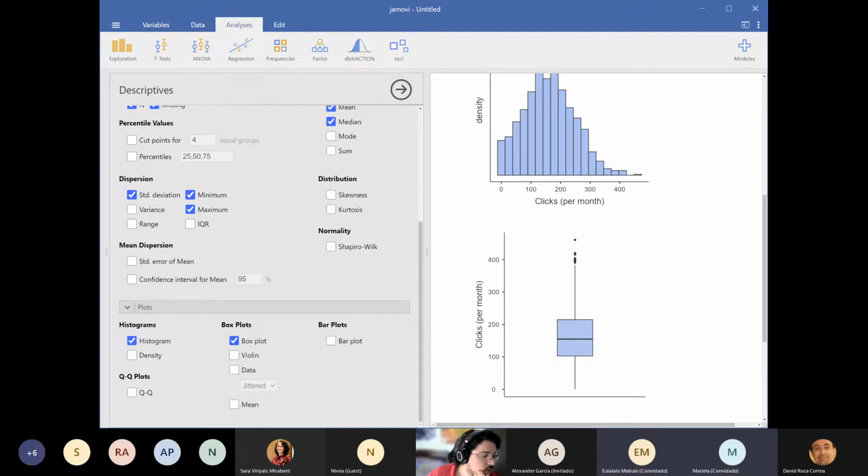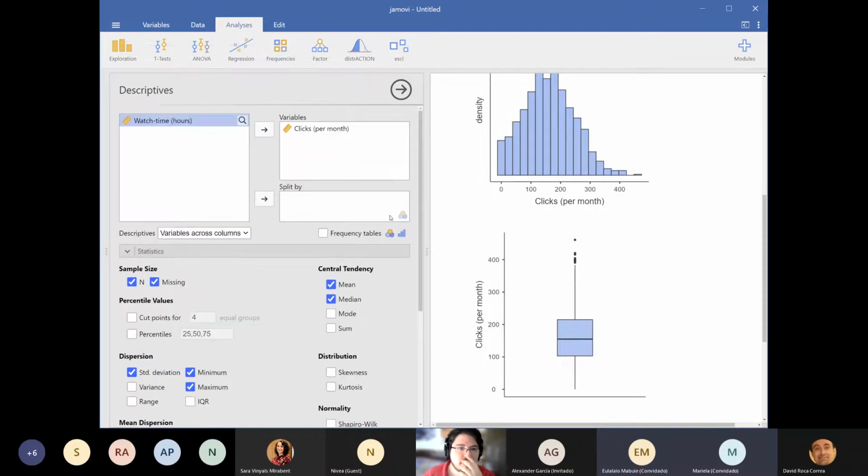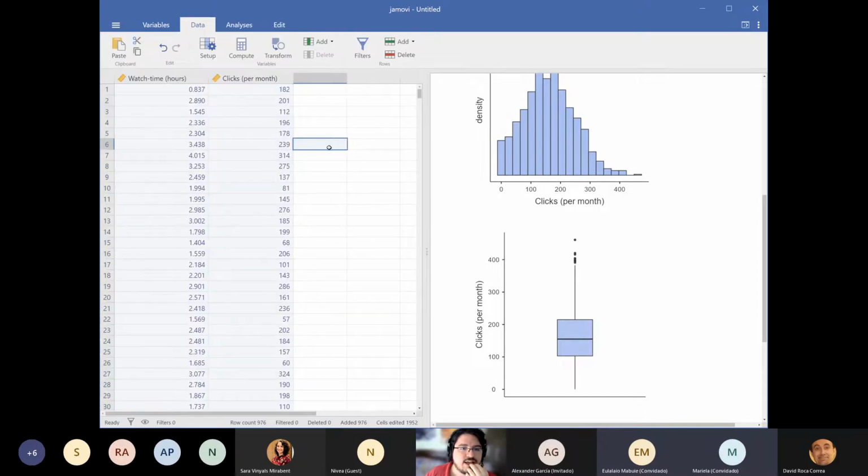Okay, so let's move on to the next set of key terms. Well, perhaps we shouldn't, and we should stay here for a second. So let's look at this data again.